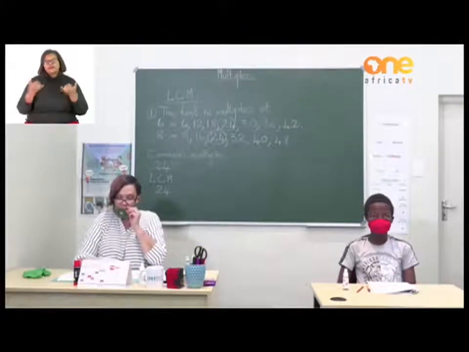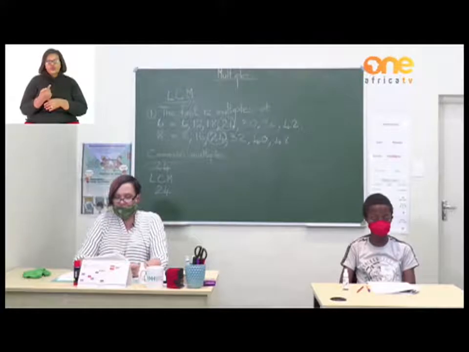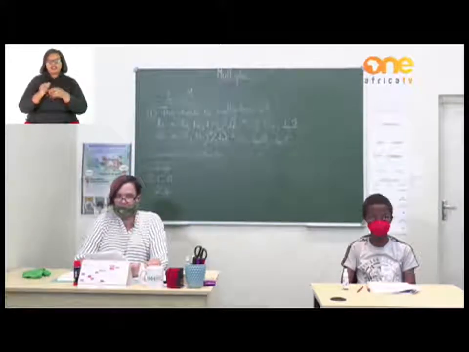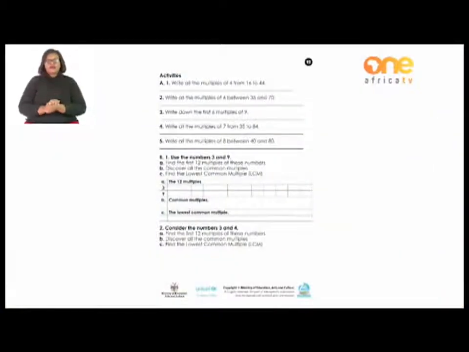Now you can work on your own. We have activities that start on page 15. The first activity is, all you have to do is to write all the multiples of 4 from 16 to 44. Number 2, write all the multiples of 6 between 35 and 70.